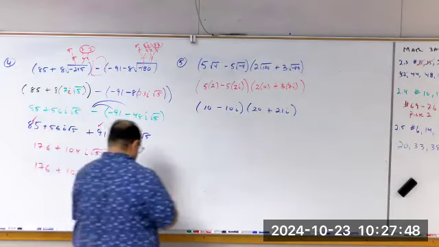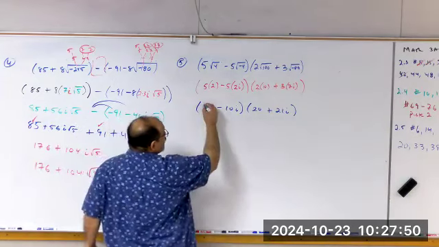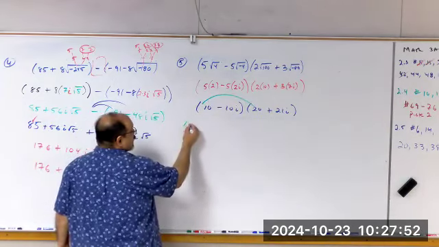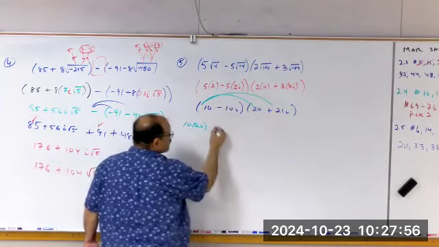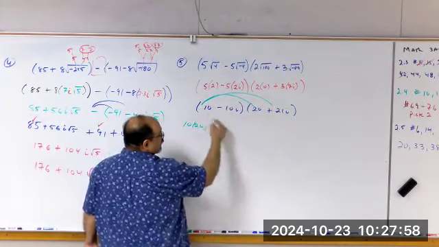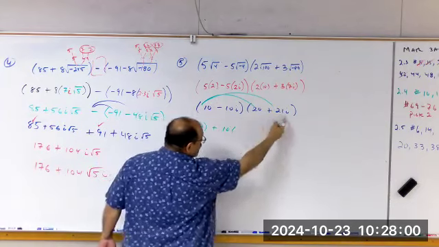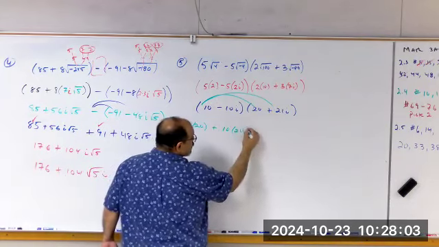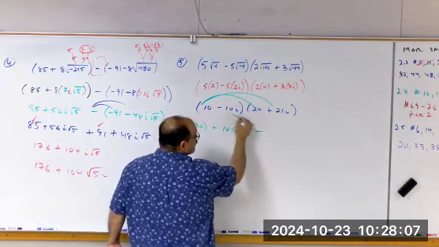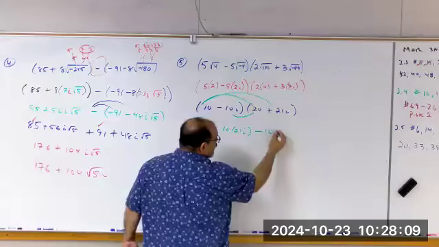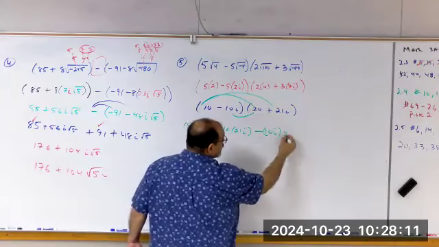So now we distribute. We get 10 times 20. A positive times positive is a positive. We get 10 times 21i. And then we have a negative times a positive, so that's going to be a negative: 10i times 20.